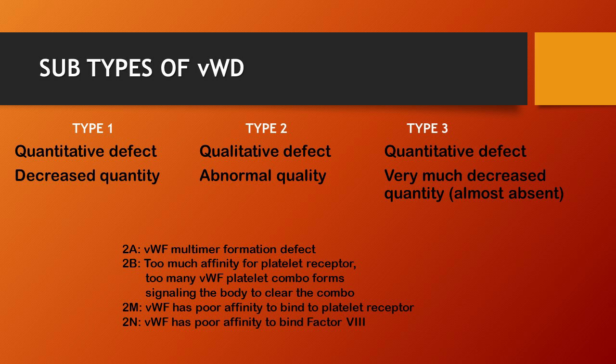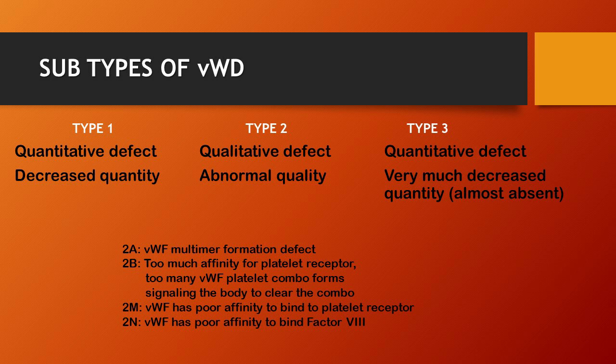That means factor 8 comes down because this carrier protein is not there. So again, it behaves just like hemophilia. Hope it is clear. Both of these are affinity problems: 2M has decreased affinity to platelet, and 2N has decreased affinity to factor 8.